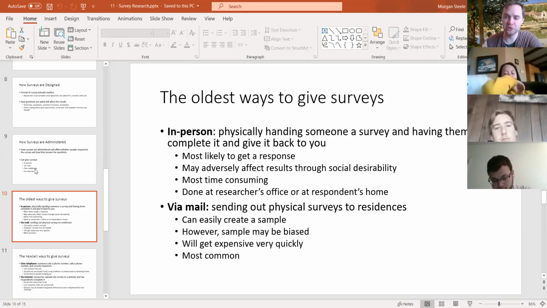However, you're going to run into issues with social desirability because now you, the participants, are now having to hand me the document that says, hey, I experienced victimization, or hey, I do this immoral or illegal behavior. So people are less likely to admit things that are somewhat sensitive.